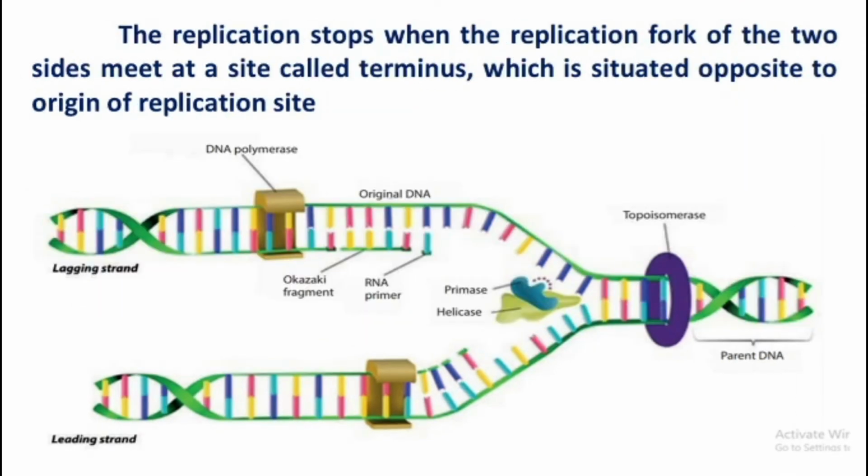The replication stops when the replication forks of the 2 sites meet at a site called terminus, which is situated opposite to the origin of replication. So whenever the replication forks meet at the opposite site, it will stop the replication process. That particular site is called terminus, opposite to where the unwinding process was started.